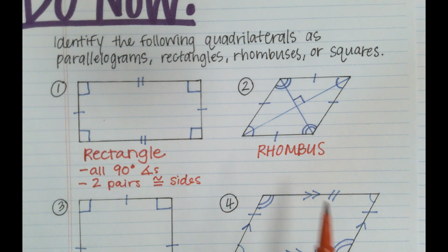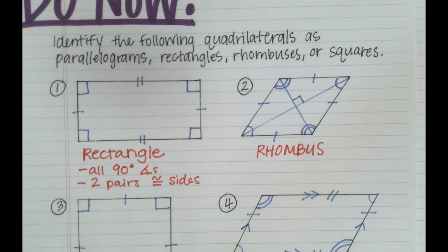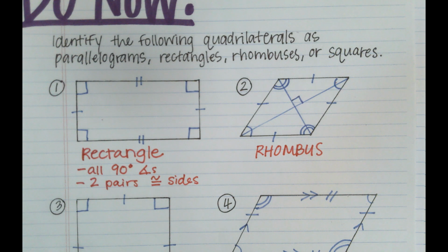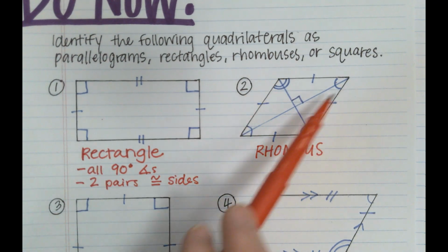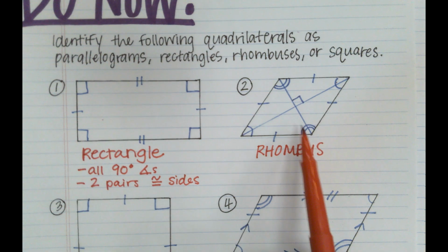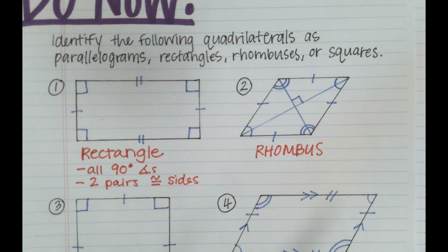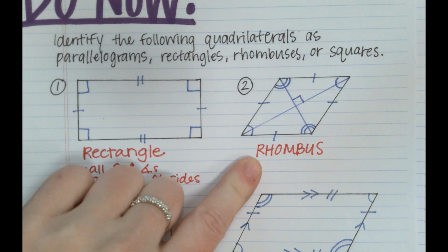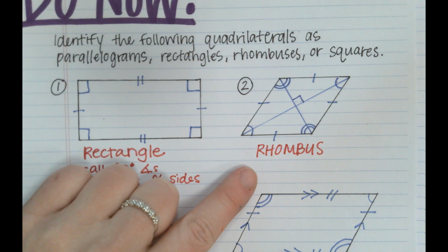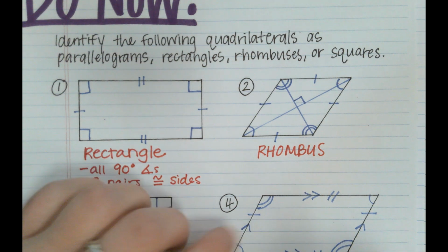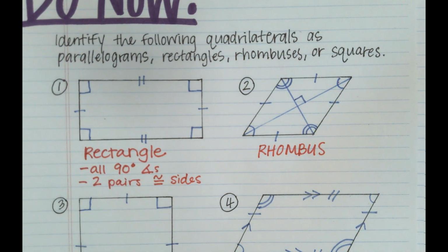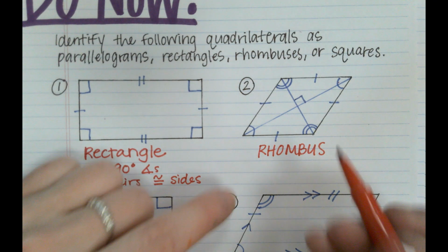They do have slanted lines, but a parallelogram could also have slanted lines. The diagonals? What about the diagonals? They equal 90 degrees. Yes, they do cross at a 90-degree angle. That is one of the main key things of a rhombus. What about the side lengths? They're all the same. A rhombus is like a tilted square. That's how I usually like to think of it.